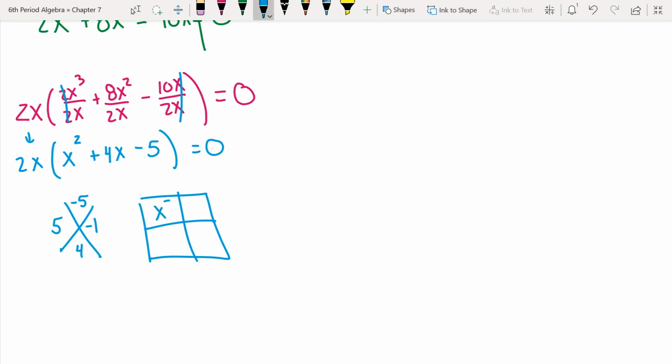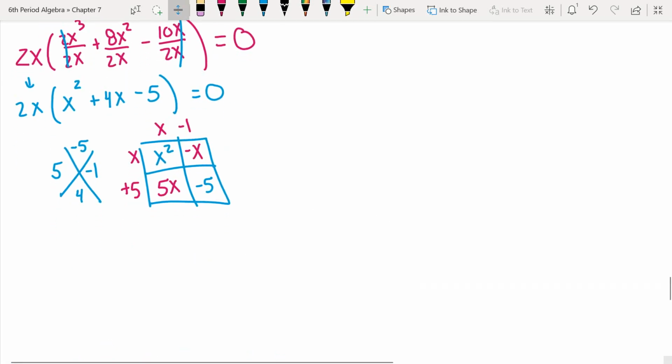Filling in my x, I'd have x squared in the top left, negative 5 in the bottom right, and x times x is x squared. Fill in the rest of my box here. X times positive 5 is 5x, and x times negative 1 is negative x.